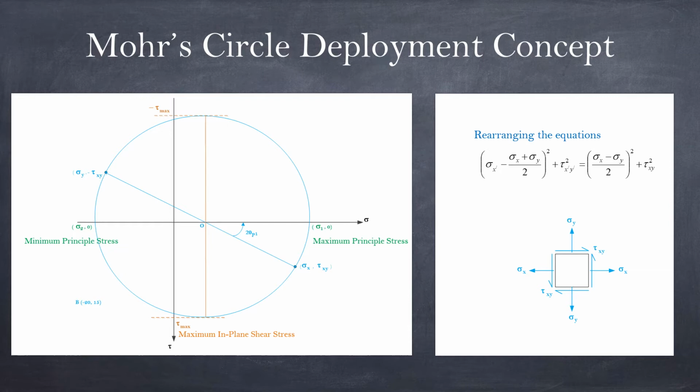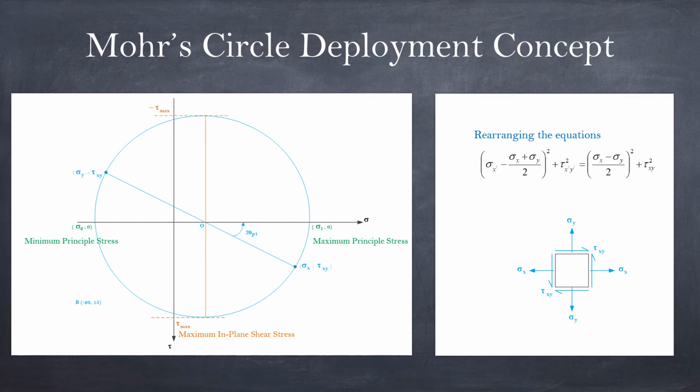Here is an example of the whole idea of how we look at the Mohr circle. Notice that I put in colors. When we started off, we have a pair of sigma x, tau xy, and then we can plot it on the graph.